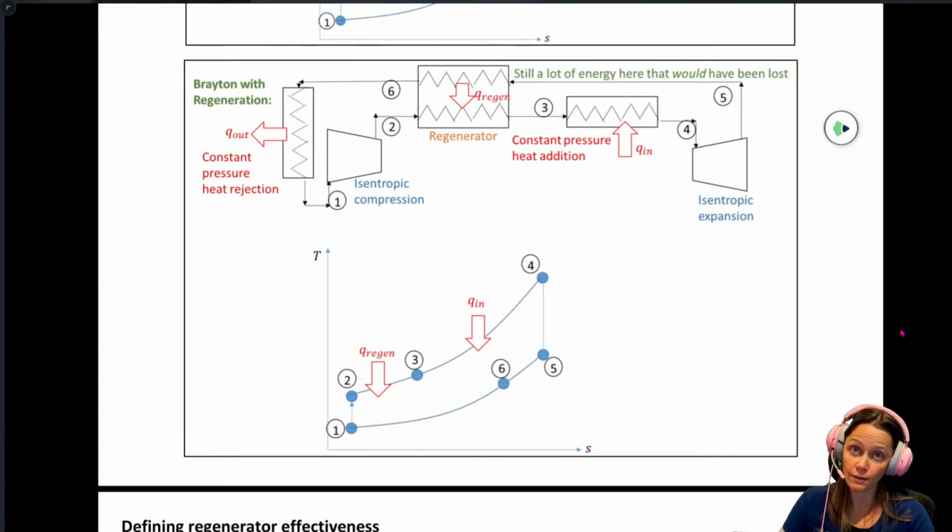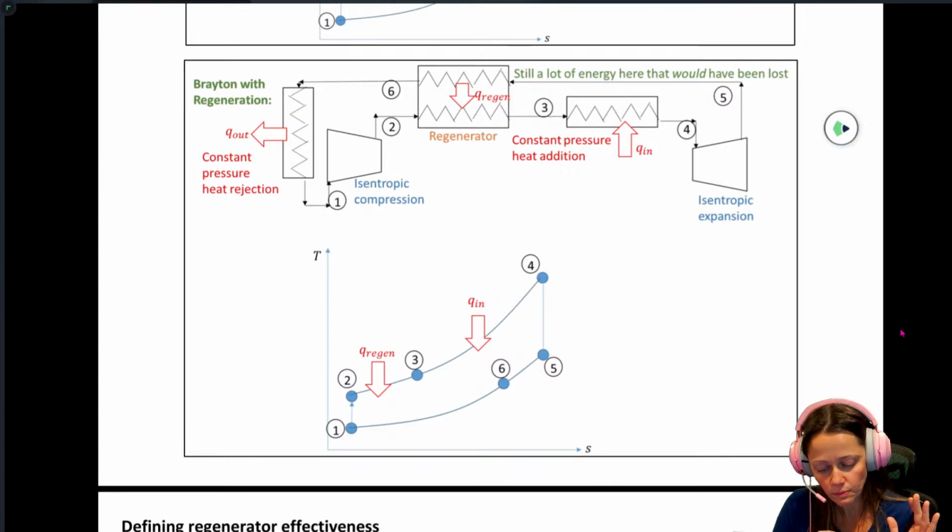You're still going to have heat loss because that's one of the requirements of the second law, that you do have to have some heat loss. That's the Kelvin-Planck statement, if you might remember that from Thermo 1. But this just means that you have less of that heat loss.